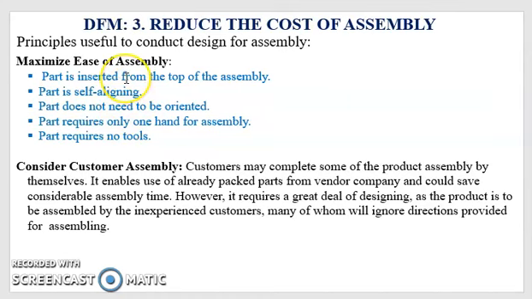Such parts also require less effort and time during lifting and assembly through an overhead crane. The last is that the part does not require any tool. Assembly of some parts always requires tools, such as attaching snap rings, springs, or cotter pins. Such parts generally require more time than those that do not require any tool.